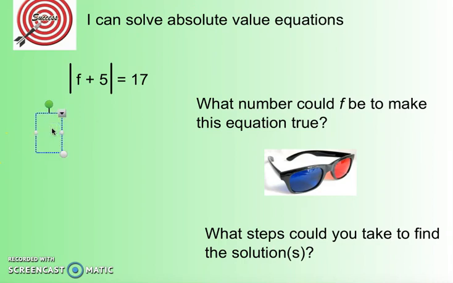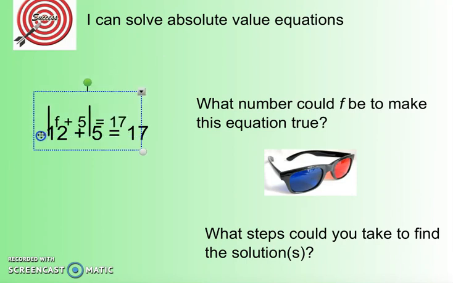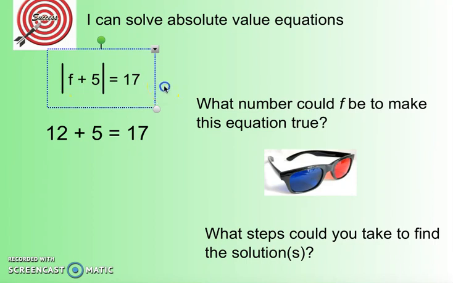Well, I know if I take 12 plus 5 equal to 17, I know this is true even if I have the absolute value symbols around the 12 and the 5, because 12 plus 5 is 17, and positive 17 is 17 spaces from 0.